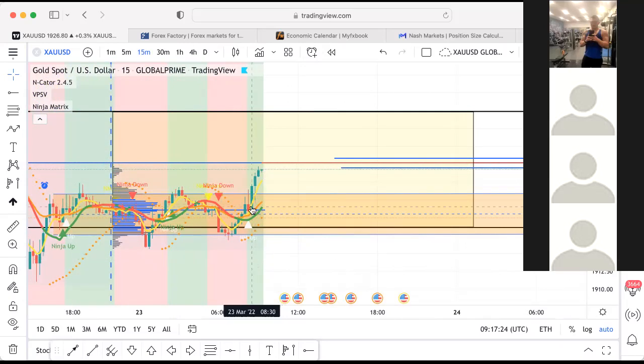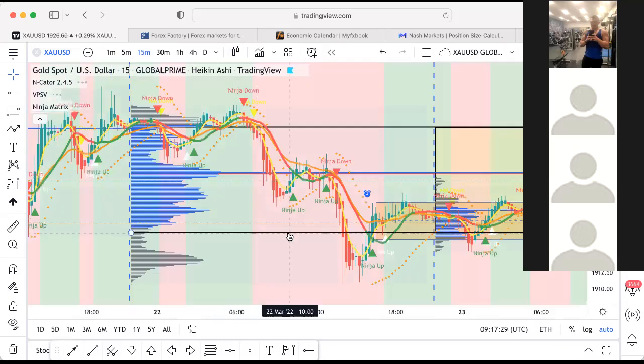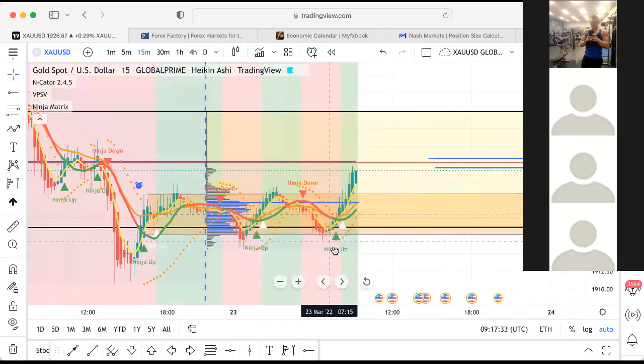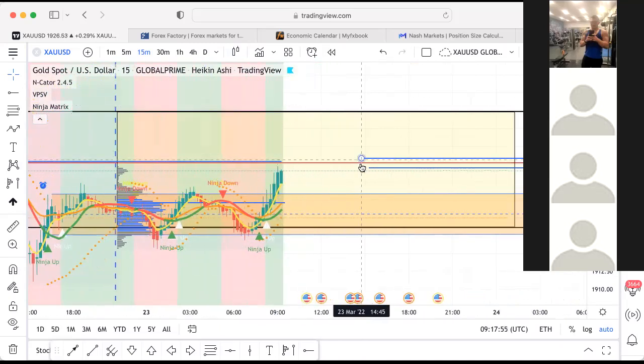I would still want to see that on Heikin Ashi, there was a Ninja Trader in my favor, and I would want to see that the 5 was above the 13 if I was going for a buy, and the 5 was below the 13 if I was going for a sell. So I would still look for my 3 confirmations, but the one I'd be looking for first would be for a candle to have closed, leaving a gap between the point of control and where the candle closed.